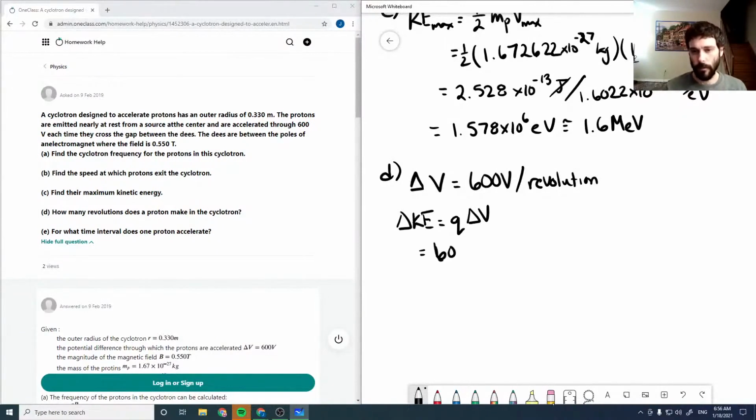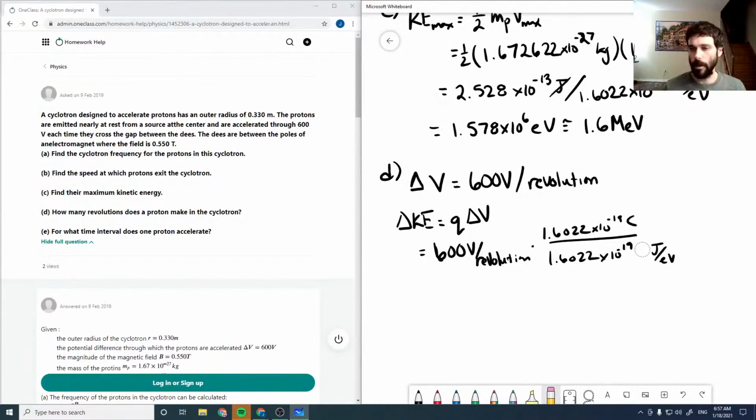So 600 volts per revolution times the charge on a proton. And then we can convert it to eV by dividing by the charge on an electron, which is the same as the charge on a proton.